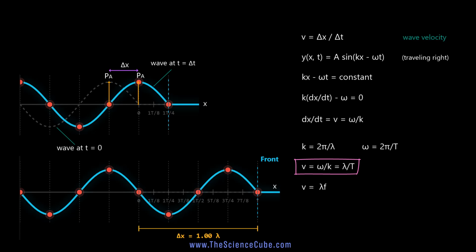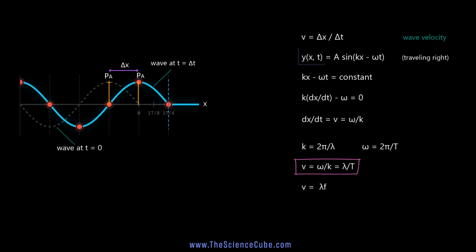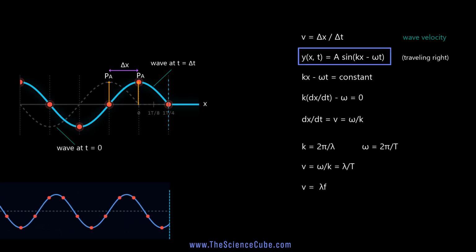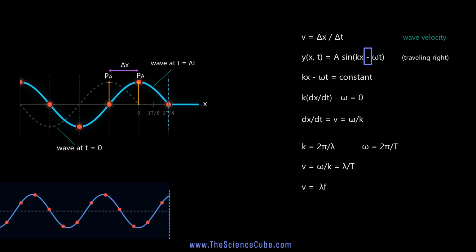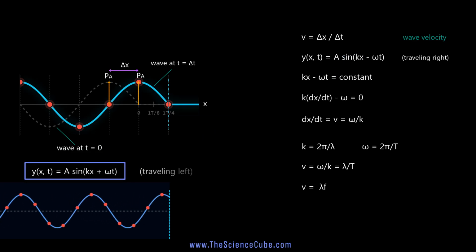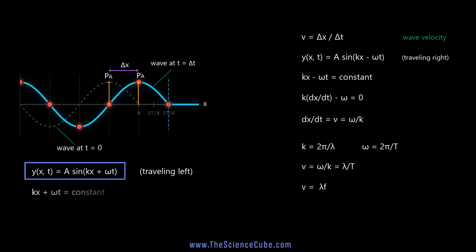Now, I want to shift our focus for a second. We've been talking about an equation which describes a wave moving in the positive x direction. But what if the wave is going the other way? We can find the equation for a wave traveling in the opposite direction simply by replacing minus in this equation by a plus. And that leads us to a new condition. kx plus omega t should equal a constant.